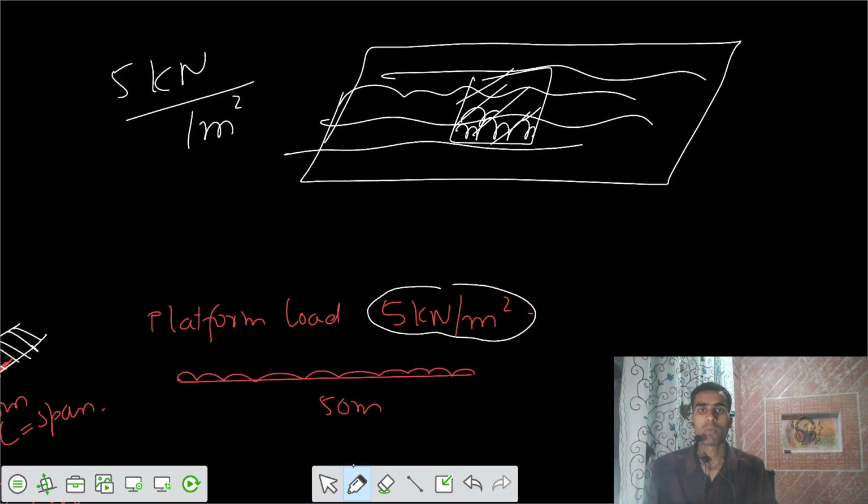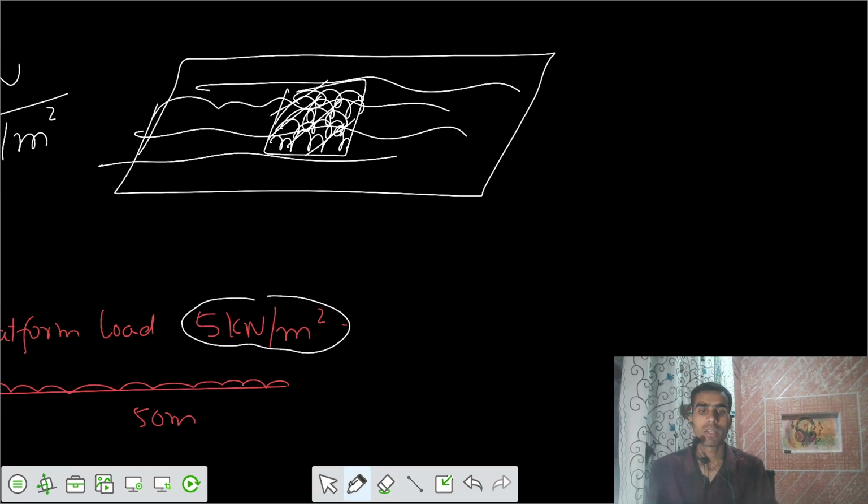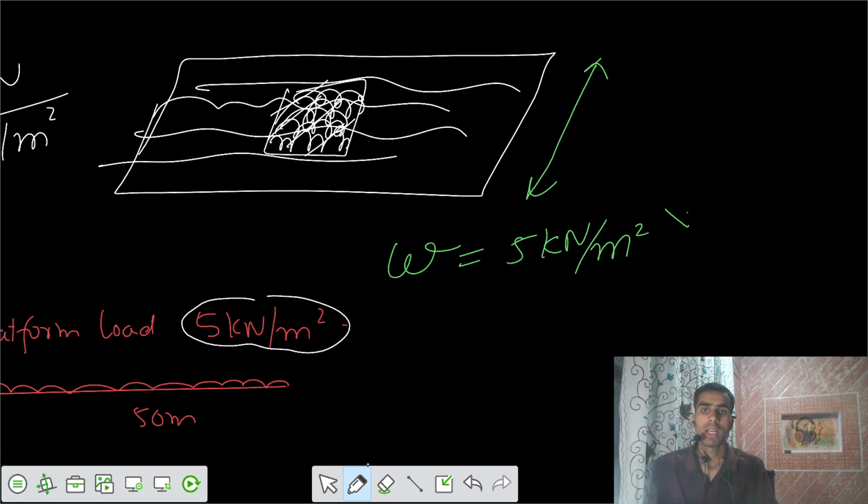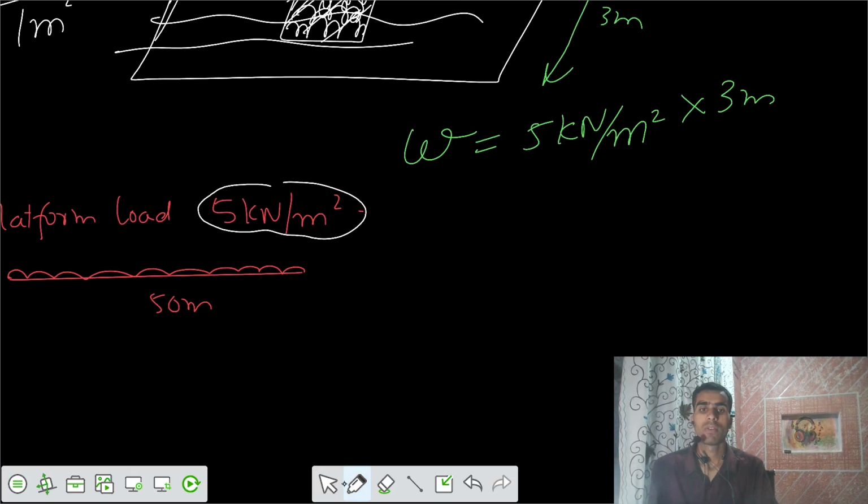Now if I want it in terms of UDL, I have to say how much total width is there. I would say the intensity per meter square into the total width of 3 meter, so I can get the UDL of 15 kilonewton per meter.